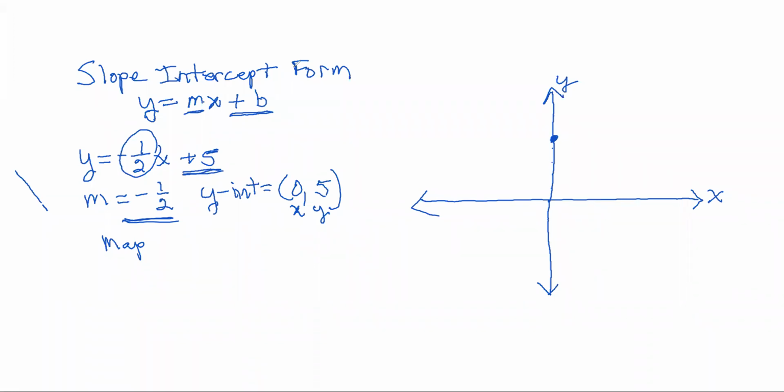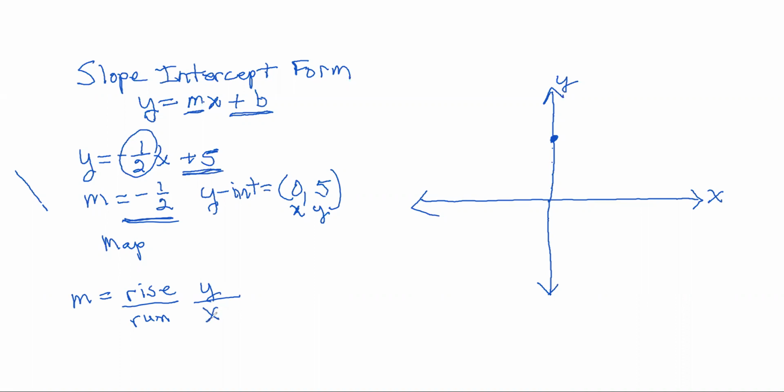Also remember when we have slope, it's rise over run. Well, rise is up and down. That's our y-axis. And run is back and forth, like a dog run. So that's our x.